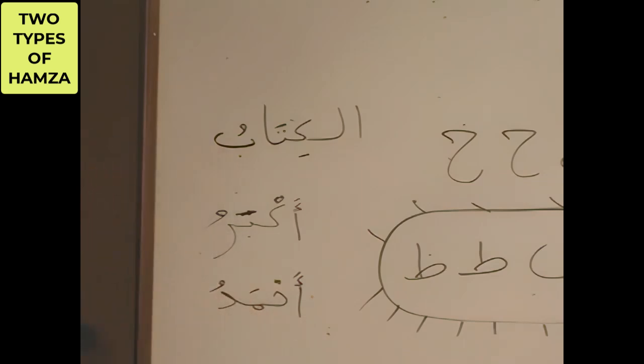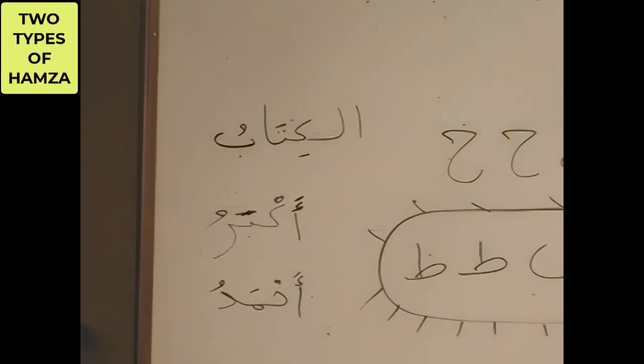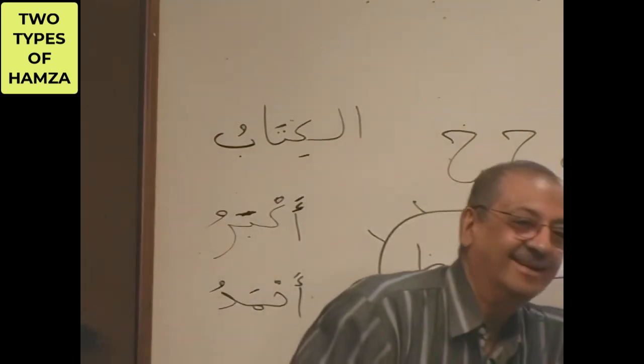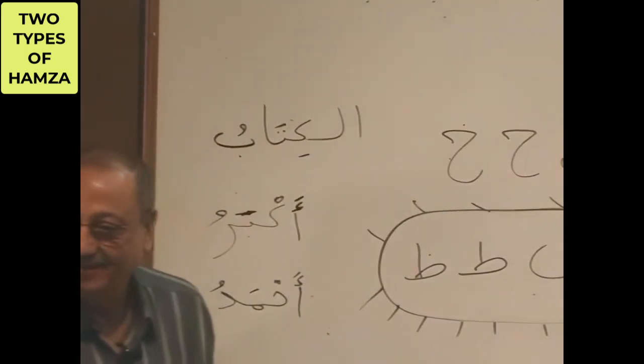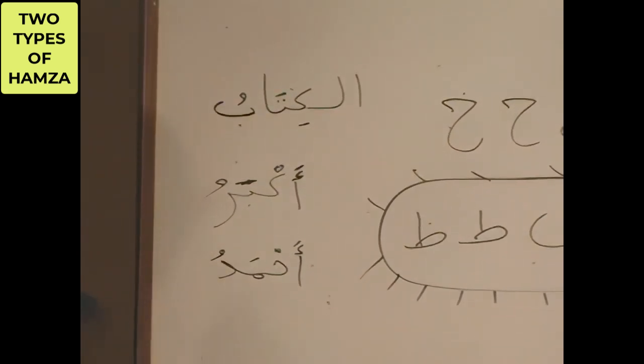What did I write down? Ahmad. Do you see I put the thing here? This is the neck of the Ain. Okay. Hamza is written as the neck of the Ain.